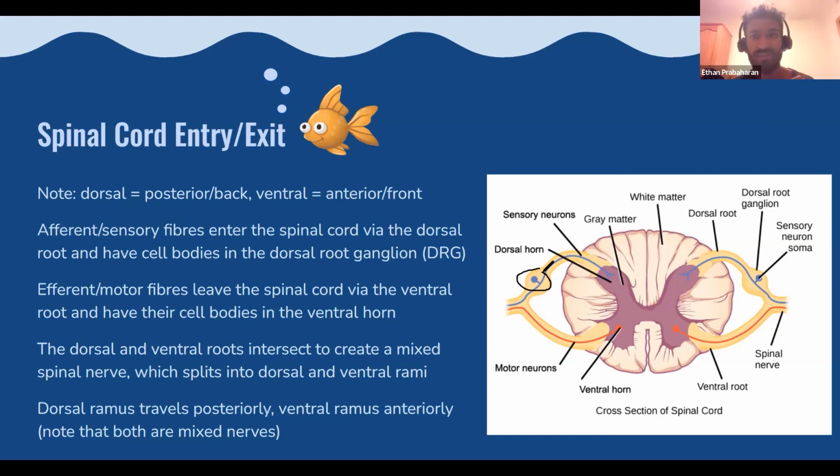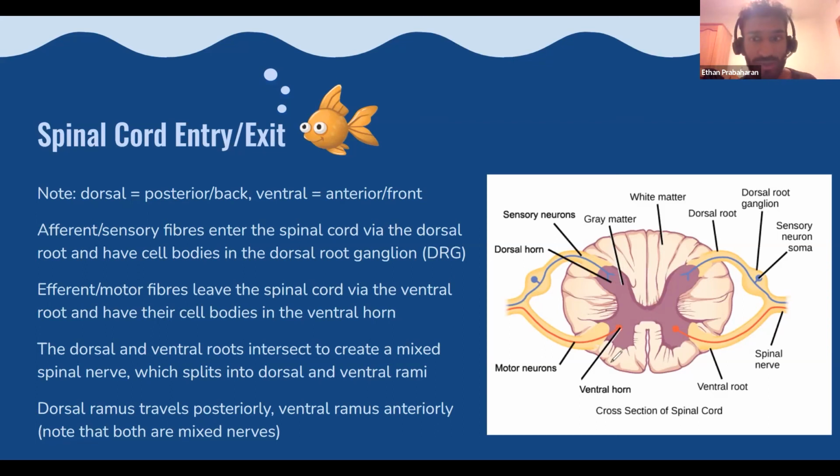Ganglion is just a cluster of cell bodies, and it's notable that these are pseudounipolar neurons. So it's one neuron, the cell body's here, and then the tract continues on to the spinal cord, even though the cell body is in this DRG, right? So sensory nerves come in, have the cell body here, and then they'll synapse in the spinal cord.